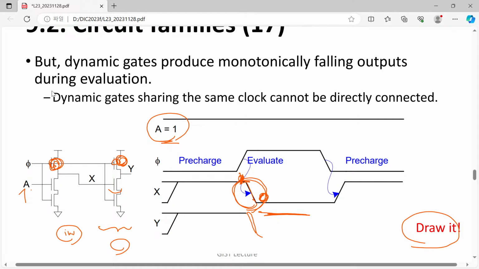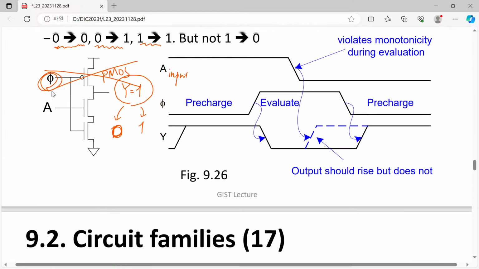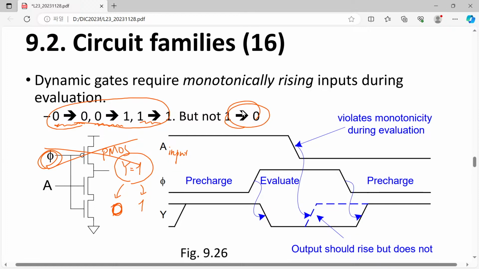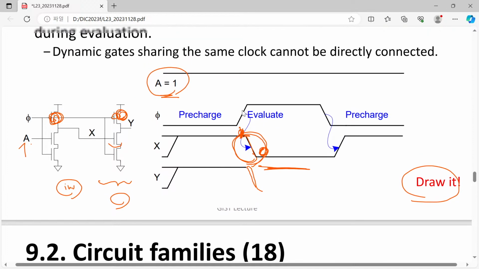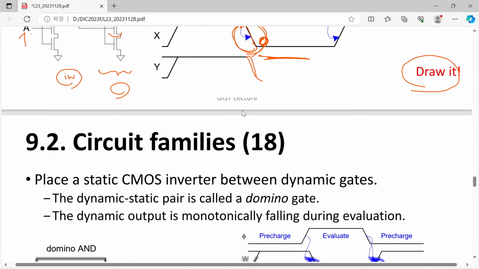So simply speaking, a dynamic gate wanted to have only this kind of operation, but unfortunately your dynamic circuit always generates such kind of input. So serially connected dynamic gates cannot be used properly for your logic system.